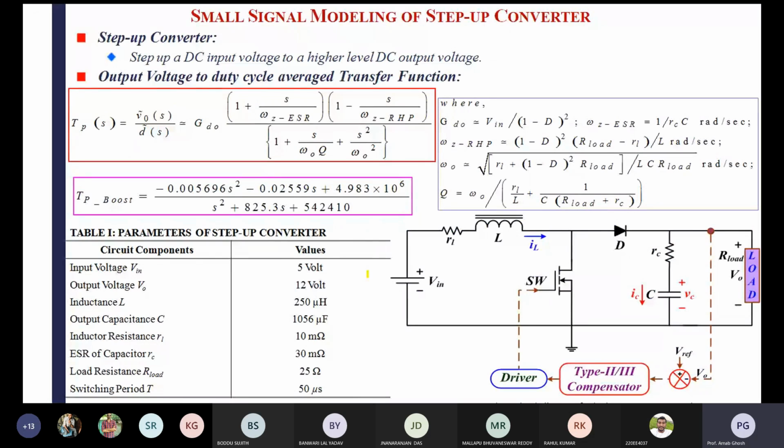Here you know that the boost converter has a right hand plane zero, so it's a problem of non-minimum phase. That's why the negative sign is there, and it's in the denominator.